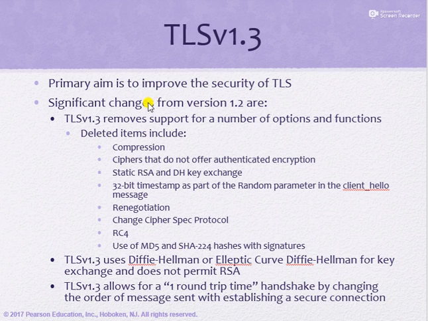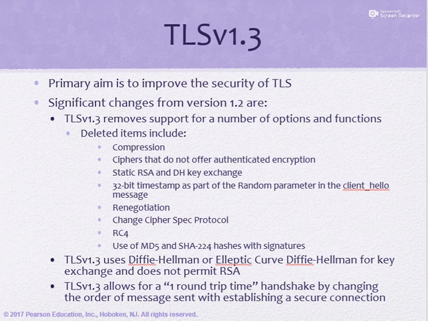TLS version 1.3 removes support for a number of options and functions, and by removing the code that implements these functions, which is no longer needed, it reduces the chances of possible dangerous coding errors, and it also reduces many attacks that were possible in version 1.2. So the items that are deleted in version 1.3 include compression.